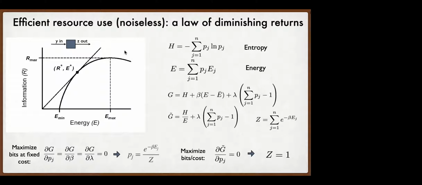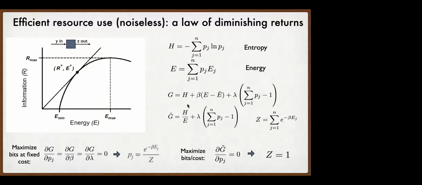So if you take a convex down curve like this, and you want to maximize the bits transmitted per, if you like, power consumed or cost incurred, then the bits per cost is the slope of a line drawn from the origin to a point on this curve. So you can maximize that slope by going to the special point, r star e star, which lies along the tangent from the origin.